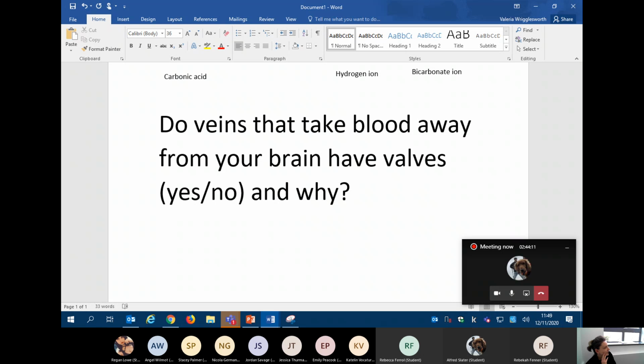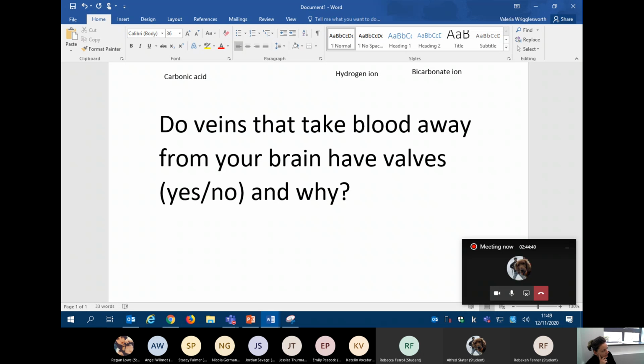Right, so you're going to start seeing stars, and then if we leave him long enough, he's going to lose consciousness, and if we keep holding him there, ultimately he's going to die, because you're not allowing that blood to drain away from his brain.